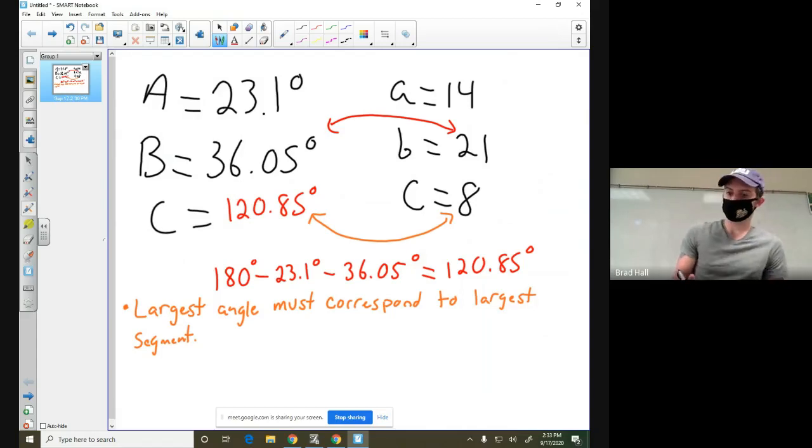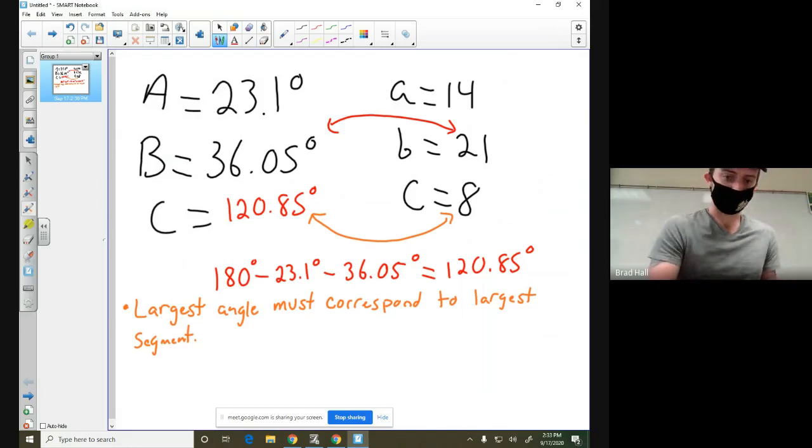So would you just have to find C first and then subtract? So you can either find C or you can utilize that B is a reference angle. Remember that?